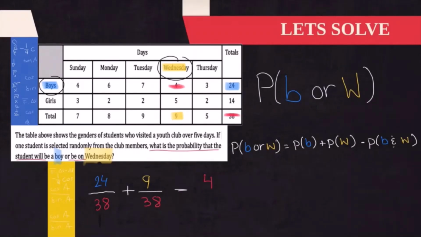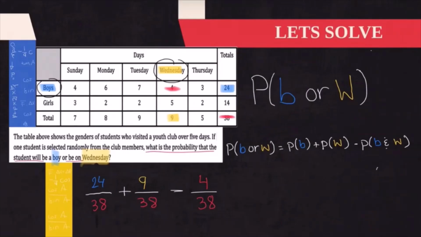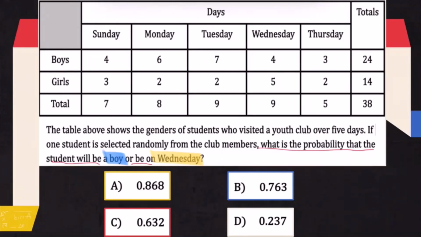That equals 29 over 38. To convert it to decimal, the correct answer is 0.763. Since we converted 29 over 38, the correct option is B, 0.763.